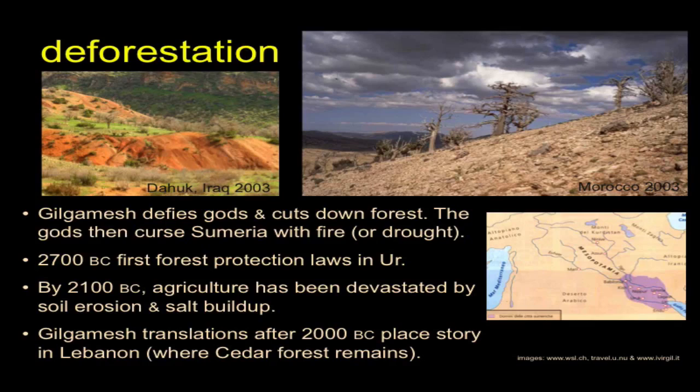Why would they be creating don't-chop-the-trees-down laws if there was not a problem, right? So that signals something was amiss. By a couple hundred years later, by 2100 BC, agriculture is nuked by drought and over-saline soils and all of these problems. And so there's a lot of collapse going on.